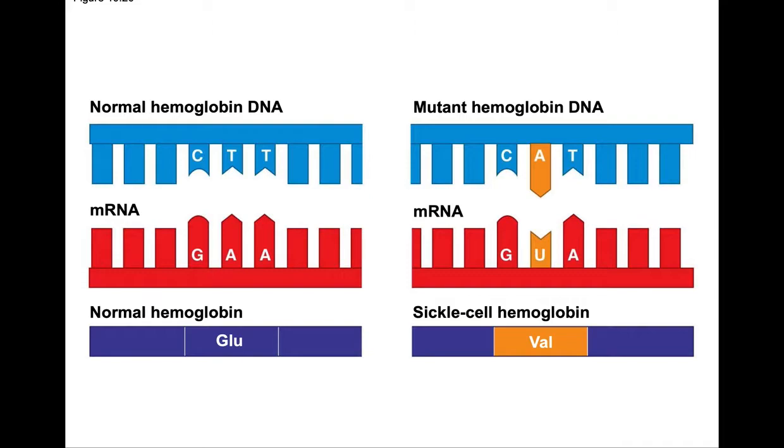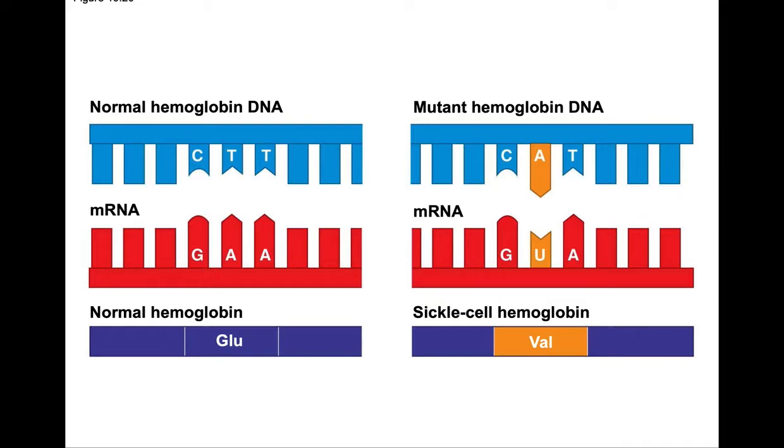But then on the right-hand side of this slide, we see the CTT now changed to CAT. Now notice which letter got changed? The second letter. So it's now reading what for the RNA? GUA. As a result, because I changed the second letter, it's going to change the amino acid dramatically.